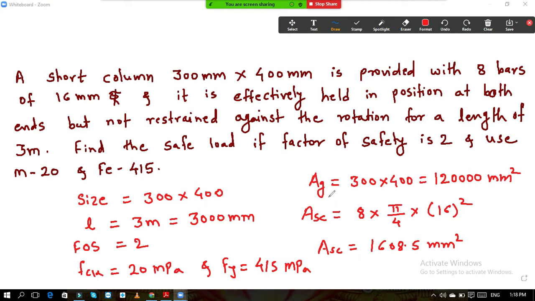Now we can calculate the area of concrete also. We know gross area, we know area of steel. So the area of concrete Ac is equal to Ag minus Asc, area of steel, which is equal to 120000 minus 1608.5.